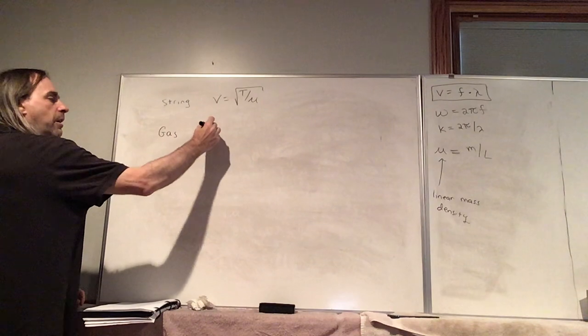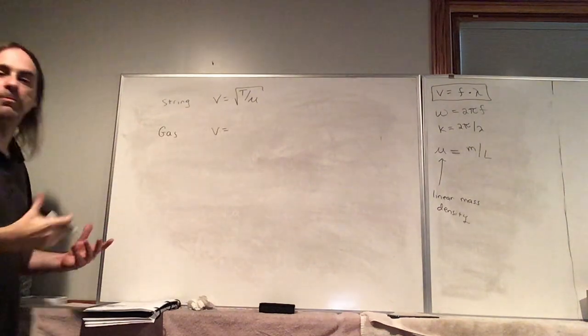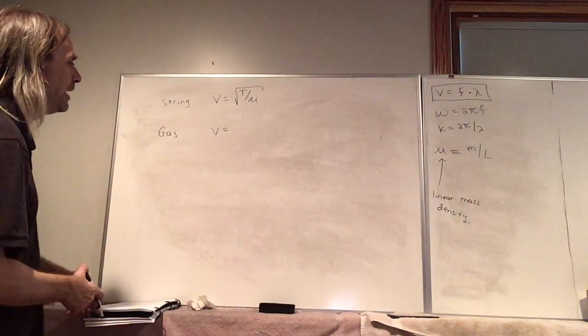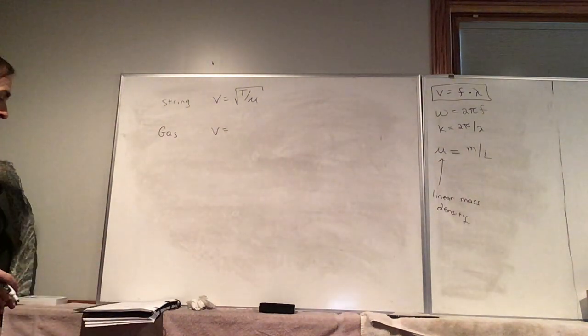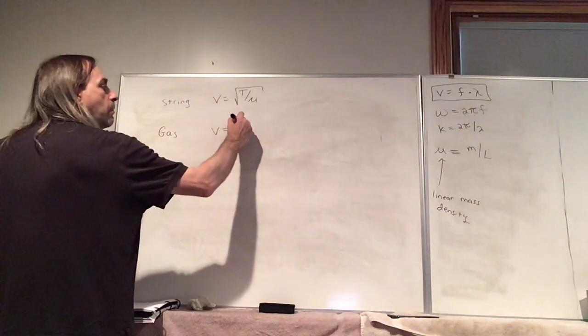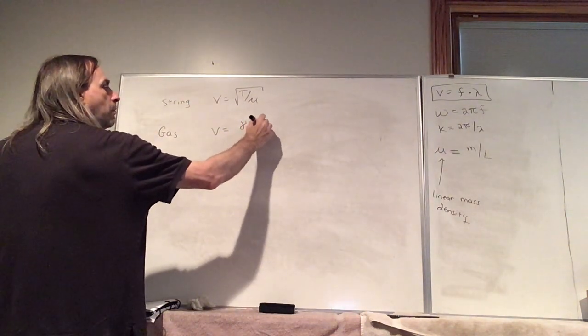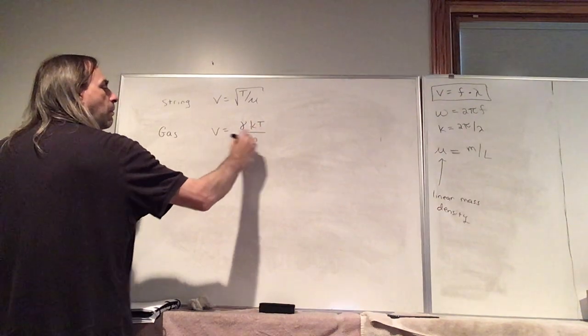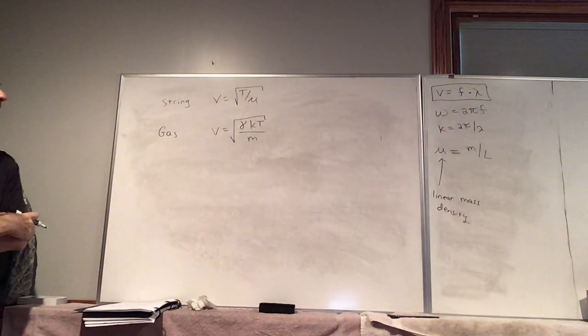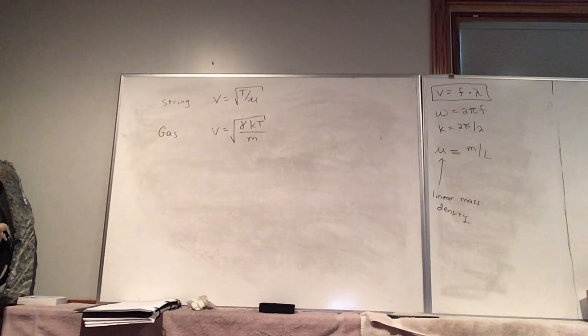Now let's say, to start with, we have a pure gas, just like pure helium or hydrogen or neon or something. And I'm going to write down this formula. Gamma kT over m. That'd be the speed of a wave in a gas.